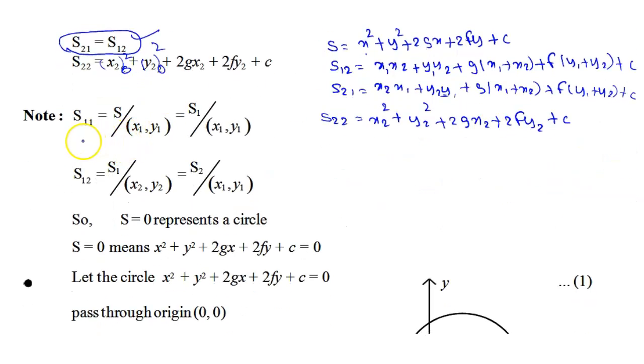Next, S11 can be written as S of x1, y1, or S1 of x1, y1. S12 is also the same thing, S1 of x2, y2 or S2 of x1, y1; both are the same. In general, S is equal to 0 is the equation of a circle in general form, right?